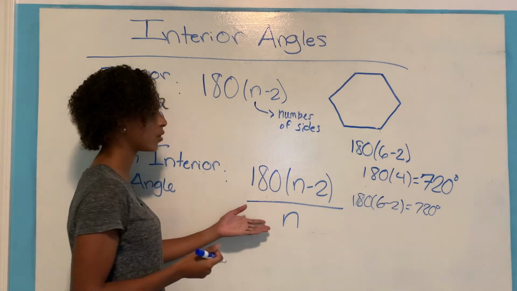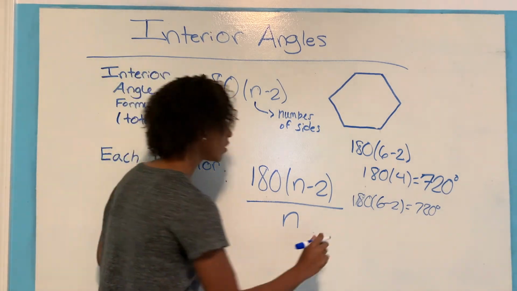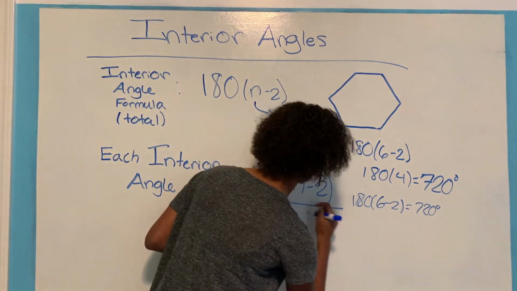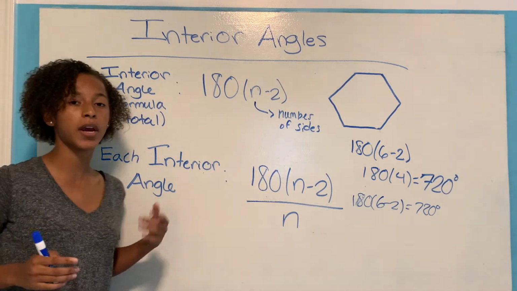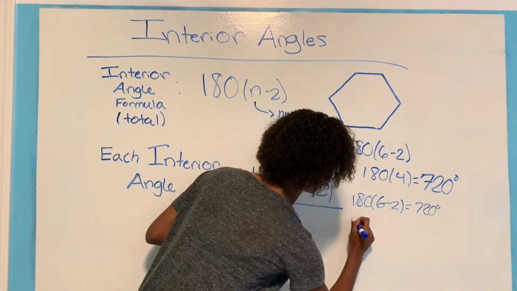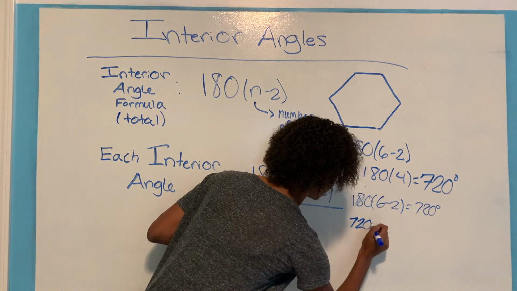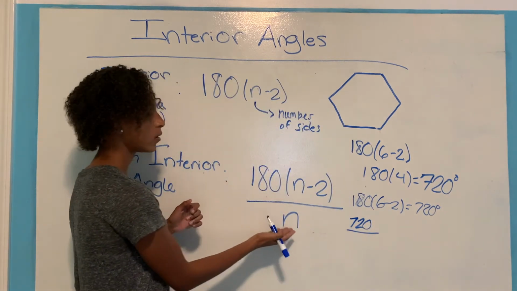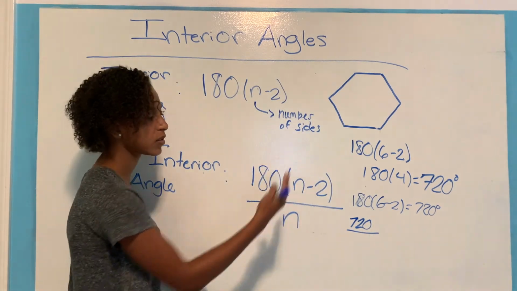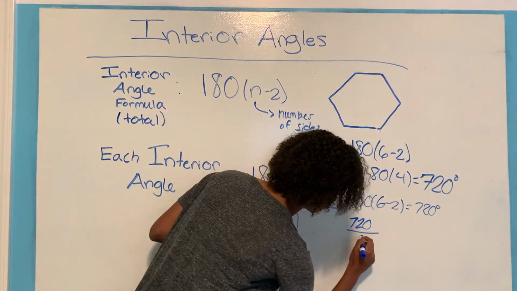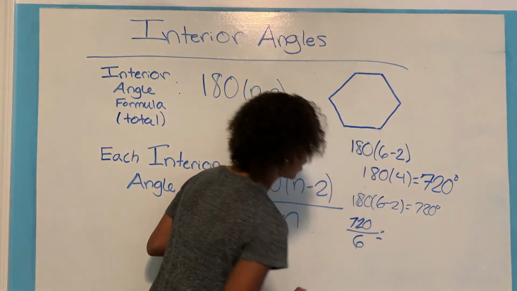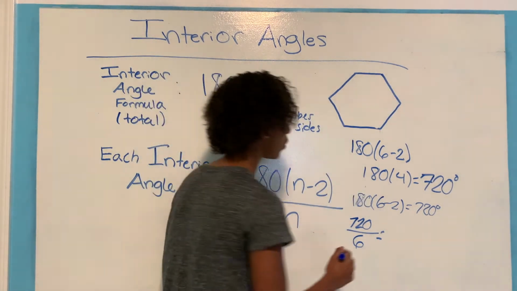And now all you have to do is put it over n. So in this case, to find out what each interior angle equals, you would just do 720, and since it's over n, which is the number of sides, and we have 6 sides in this problem, it would be over 6, and that would equal 120.